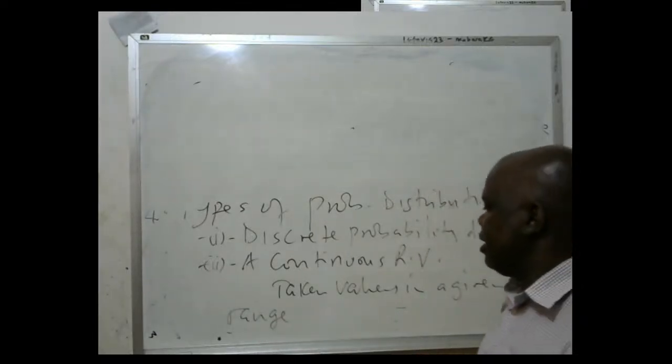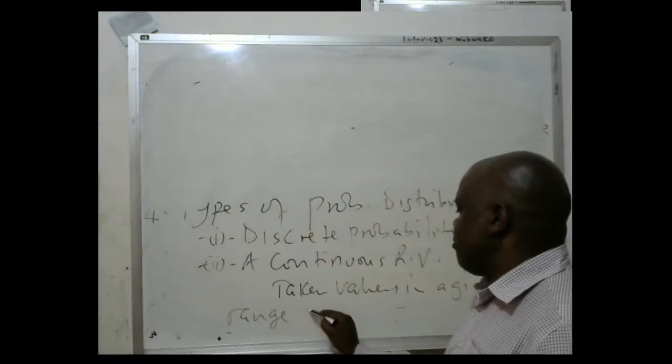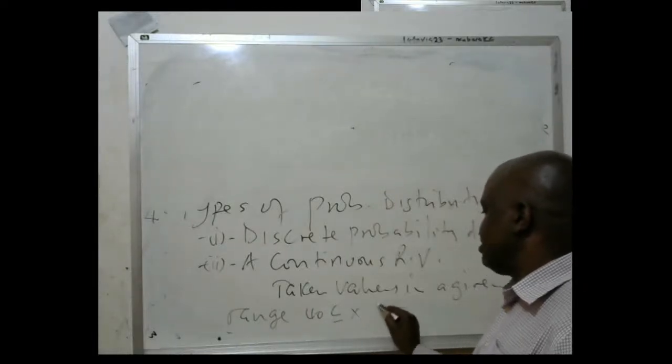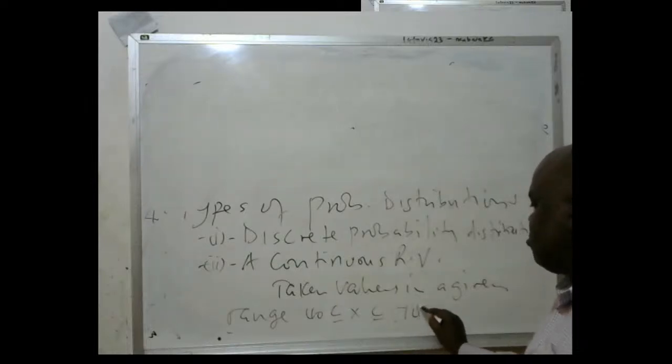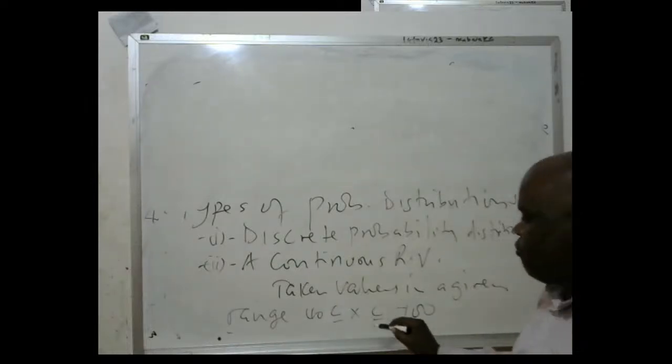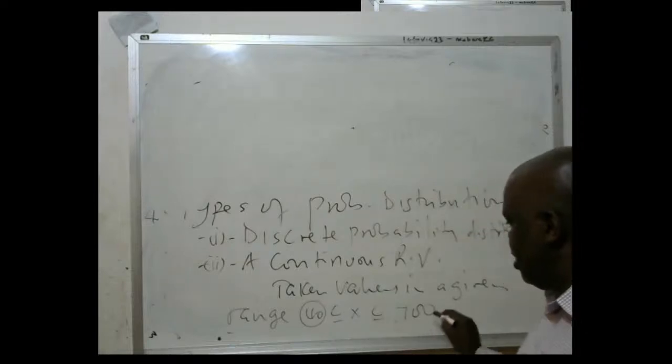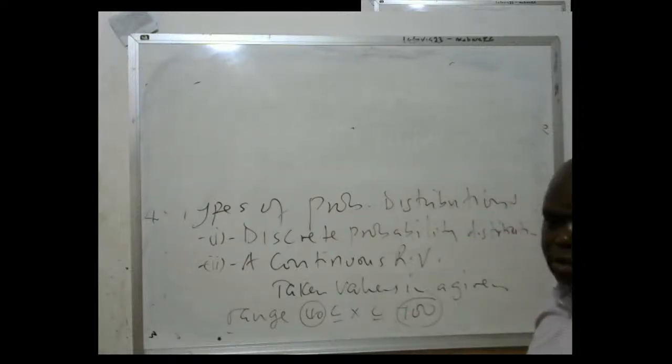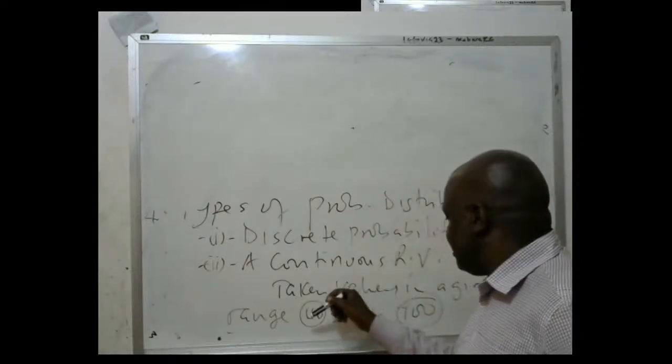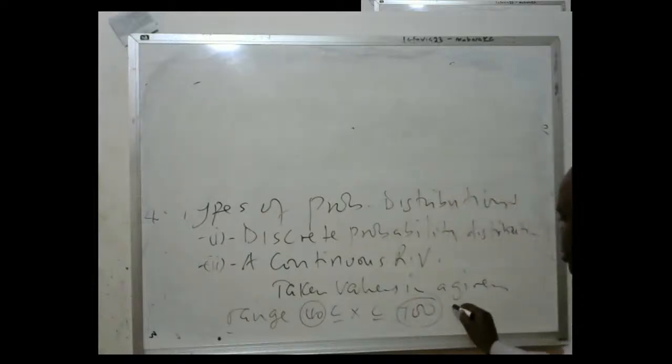Say, from 40 less than or equal to x less than or equal to, take for example, 100. It takes on values in this range, including decimals in that range.